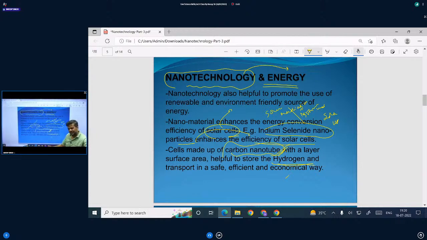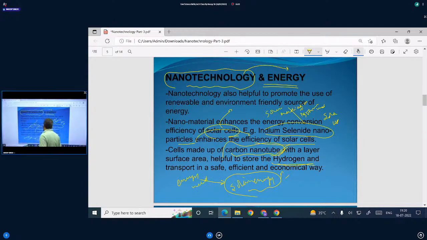Okay. In this way, nanotechnology is helpful in the energy area. As you know very well, nowadays the government is promoting solar energy at a large level so that we can fulfill our energy need.